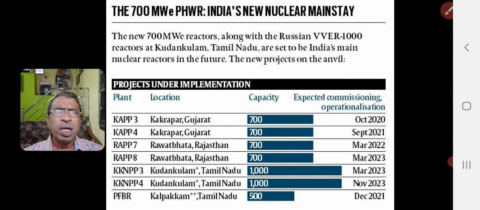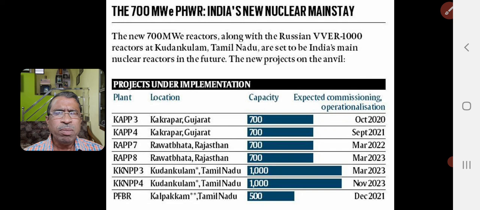These plants are being established, and when they are expected to be commissioned or start is also given in this table. Kakrapar in Gujarat produces 700 megawatts. Kakrapar, also in Gujarat, also produces 700. We have Rawatbhata in Rajasthan, 700 plus 700, which may start from March 2022 and 2023.